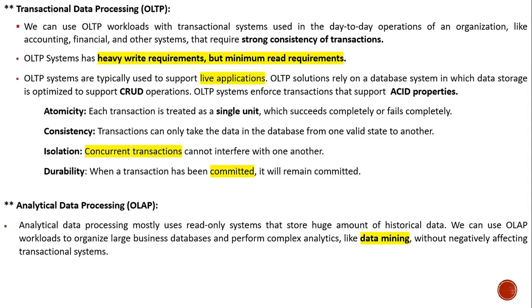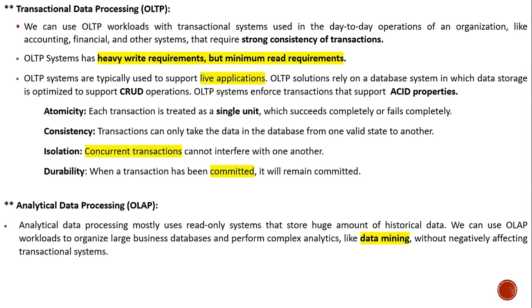OLTP systems support CRUD operations and ACID properties. CRUD means nothing but create, read, update and delete. And ACID properties mean atomicity, consistency, isolation, and durability.